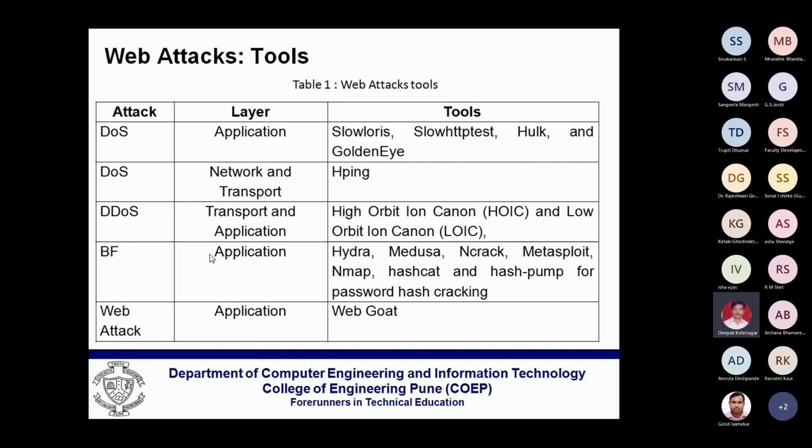Like at the transport level, TCP and UDP. The hackers use different tools, or they can write their own scripts, and within a short span of time these tools create different types of attacks. These tools are readily available to the hacker. The hacker uses the hping tool, which creates denial of service attacks toward web applications at the network and transport level.